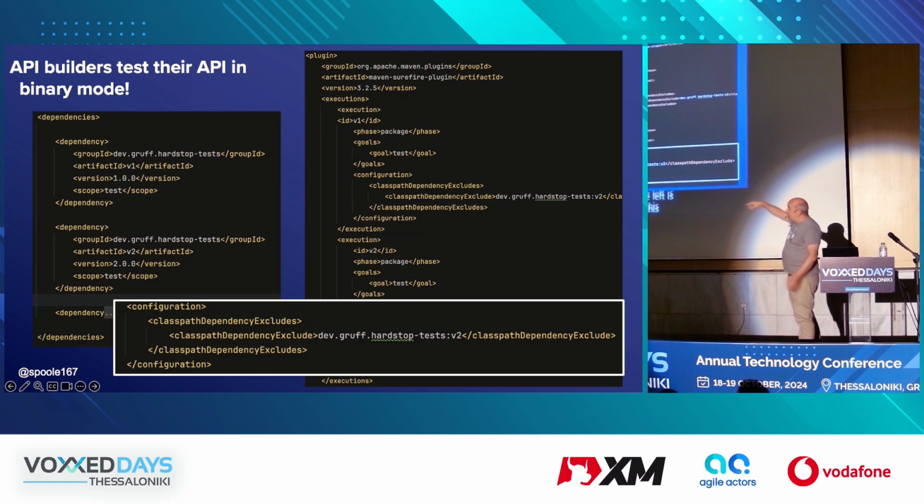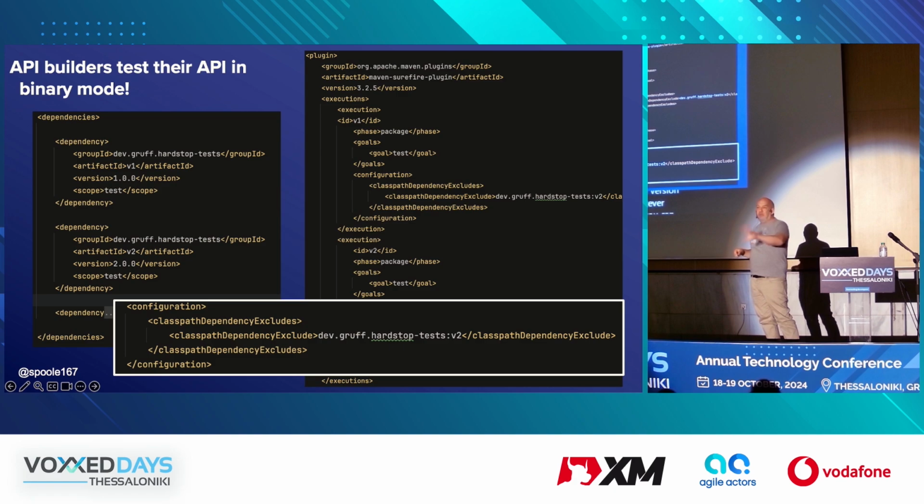So you can actually set up a class path in Maven with all of version 1 and version 2 and whatever you've got. And at test time, you can say, well, I'll have that whole class path, but take that out, take that out, take that out. So you can easily set up an environment to test your new code against your old tests, provided you package and install them locally.